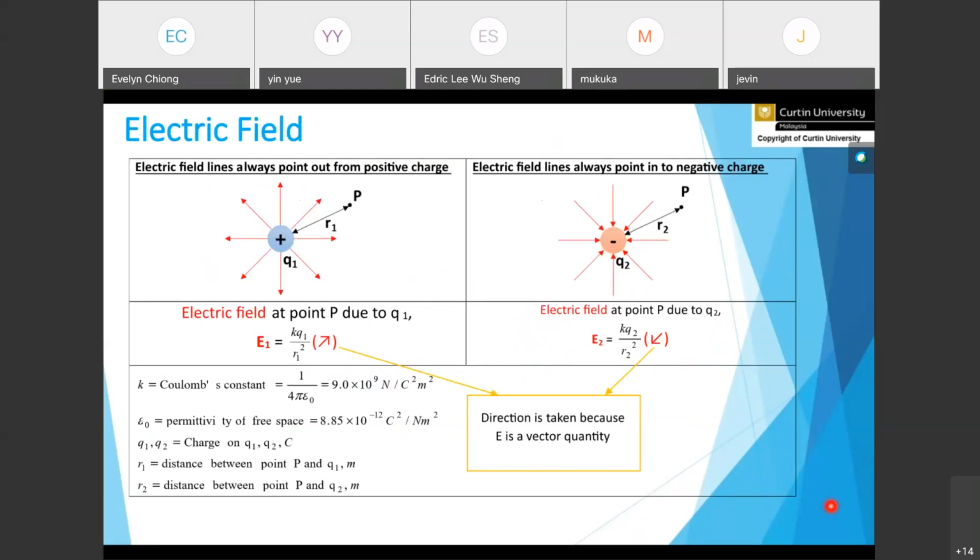So electric field, you have to draw it radially outward from a positive charge. Then if it is a negative charge, you draw it radially inward. So the P, this one is your test charge.